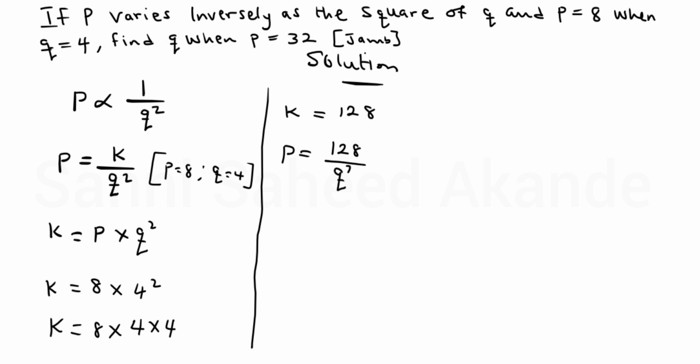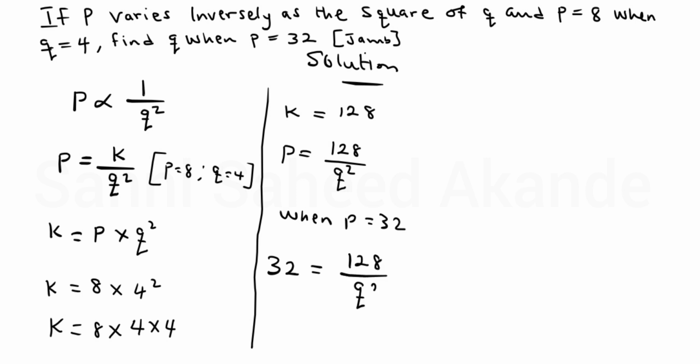But the question says that we should find q when p is equal to 32. So when p is equal to 32, what will be the value of q? We are going to make use of this relationship between p and q to do that. We have p to be 32 equal to 128 divided by q squared.